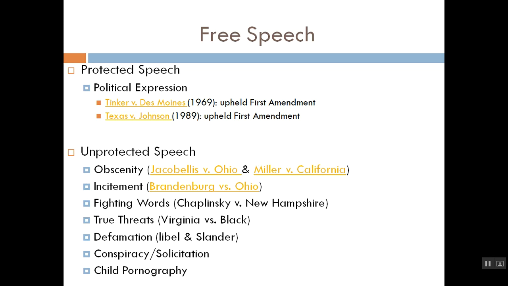Okay, so basically what the court tells us in Chaplinsky is that if you are instigating somebody to violence, if you are using words or language that is so offensive that you know when you say it to somebody, it will rouse enough anger to make them violent, that's unprotected. But let's think back to Texas versus Johnson. In Texas versus Johnson, we've got a guy burning a flag. That could incite some people to anger and violence.